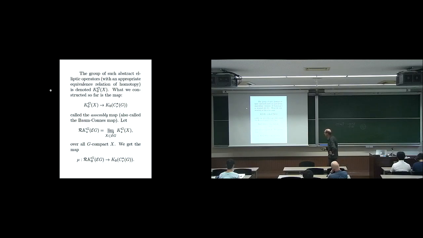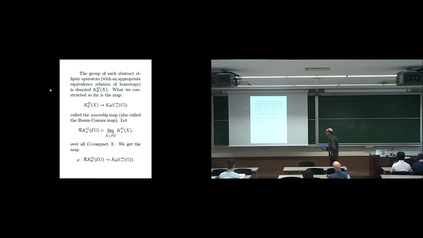Now, what is called the Baum-Connes map or assembly map is this map from abstract elliptic operators, G-invariant elliptic operators, to K-theory of the group C*-algebra. You can take the limit of these abstract groups over all X with G compact X and get this group.